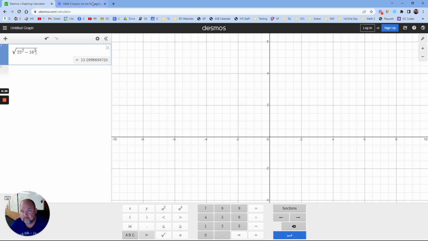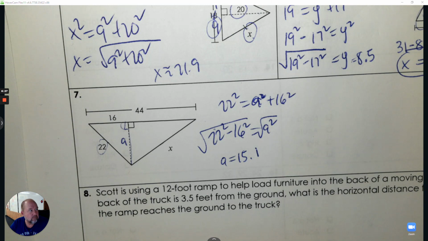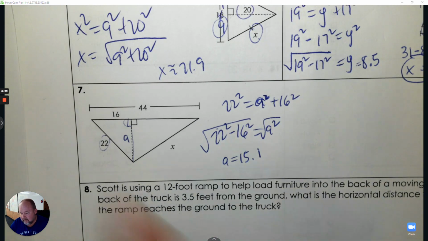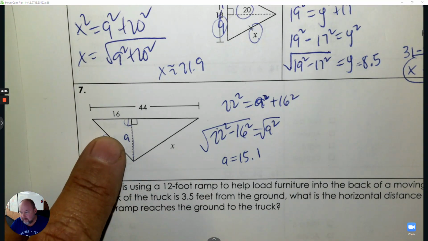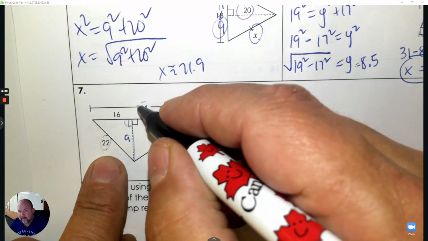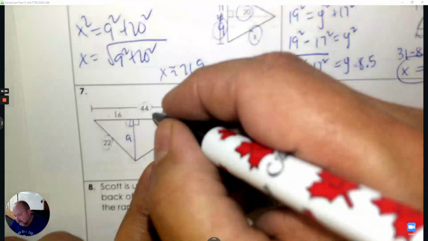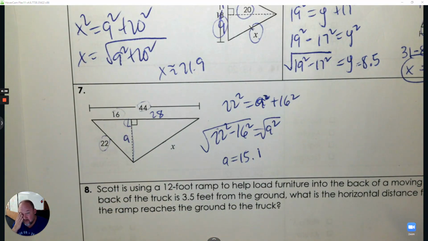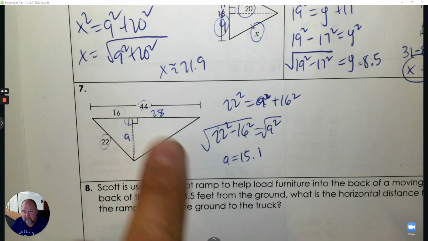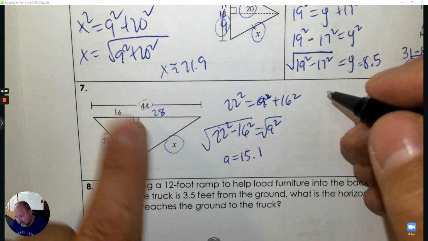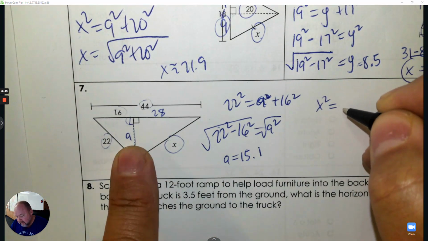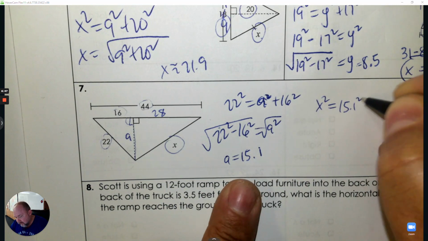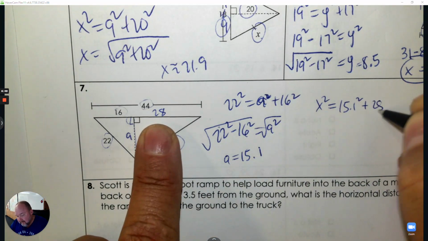Then, now that I know that's 15.1, I can do a little bit of math here. 44 take away 16 is 28 on the other side, so they add up to 44. And now I can then set up to solve for x here. So x again is the hypotenuse. We just found A to be 15.1. That's 28.